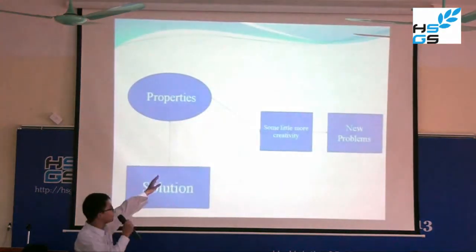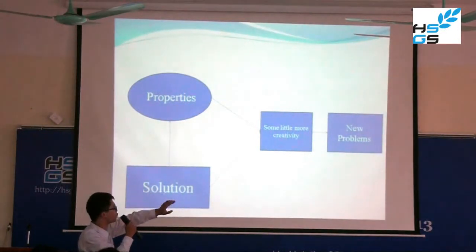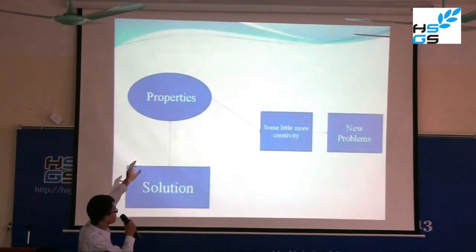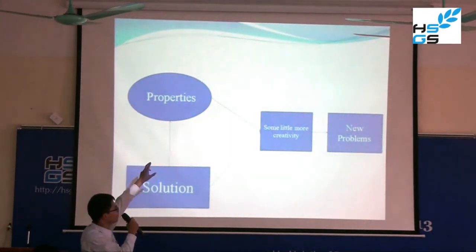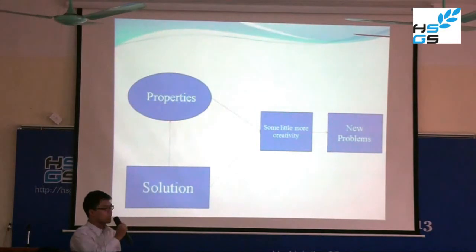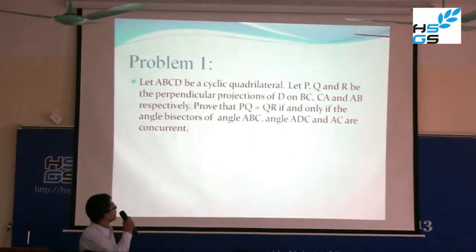And here is a simple diagram of how we generate new problems from old ones. First, from the solution, we get some special properties of some things in the problem, and with a little more creativity, we generate a new one. Now, here are two very simple examples. First, let ABCD be a cyclic quadrilateral.